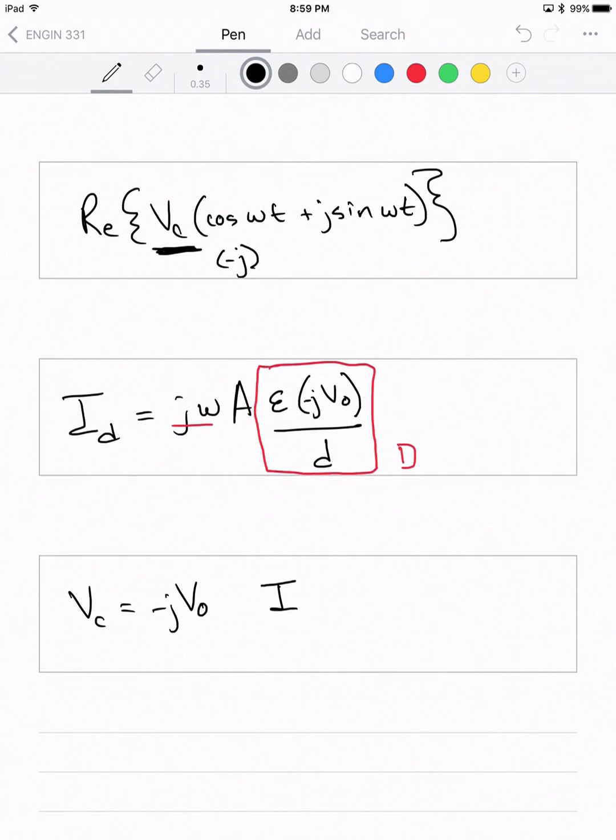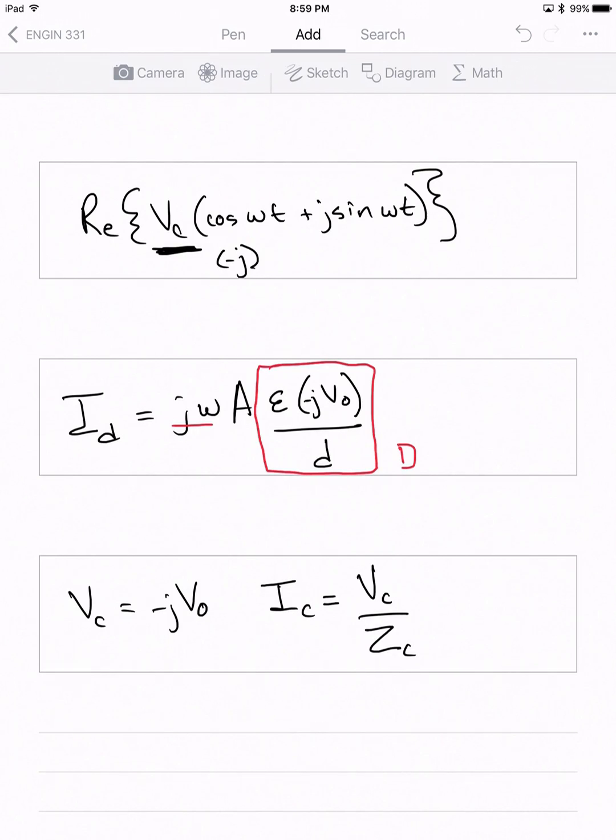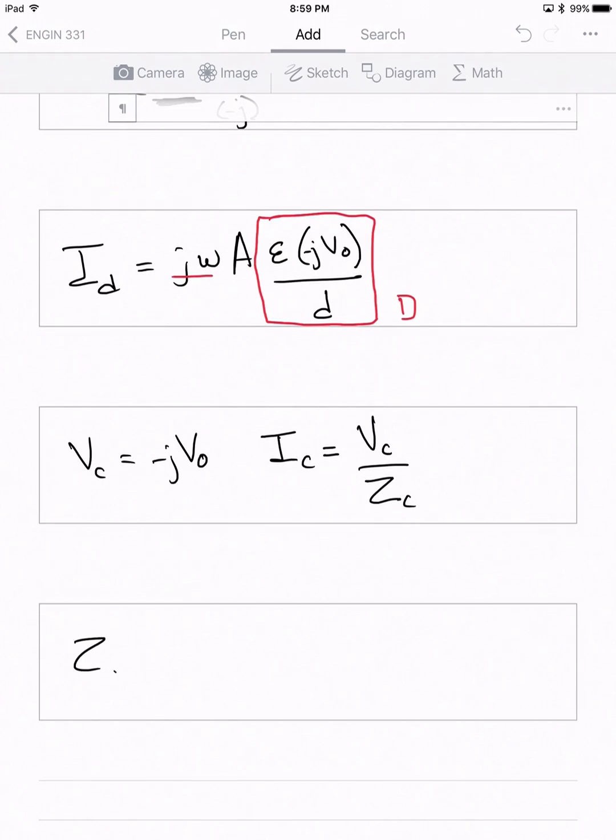And the conduction current is going to be equal to V_C divided by the impedance of the capacitor, Z_C equals minus j over omega C, or it is 1 over j omega C, however you want to do that.